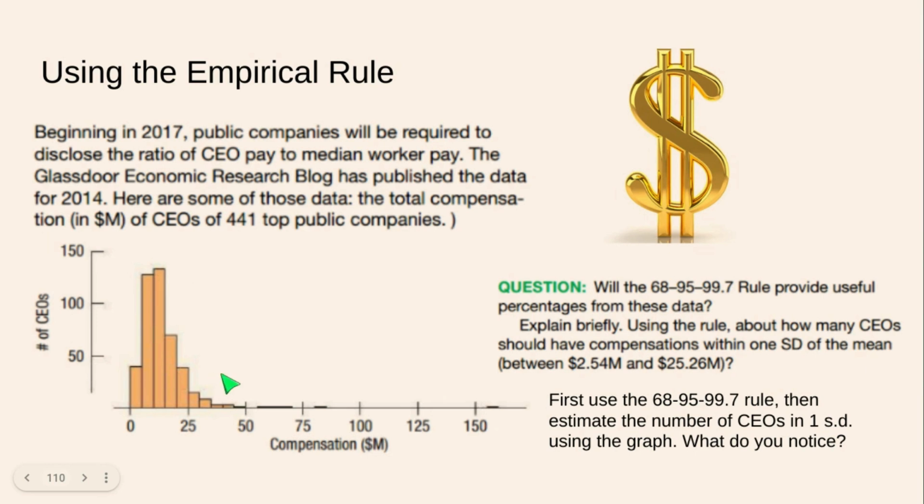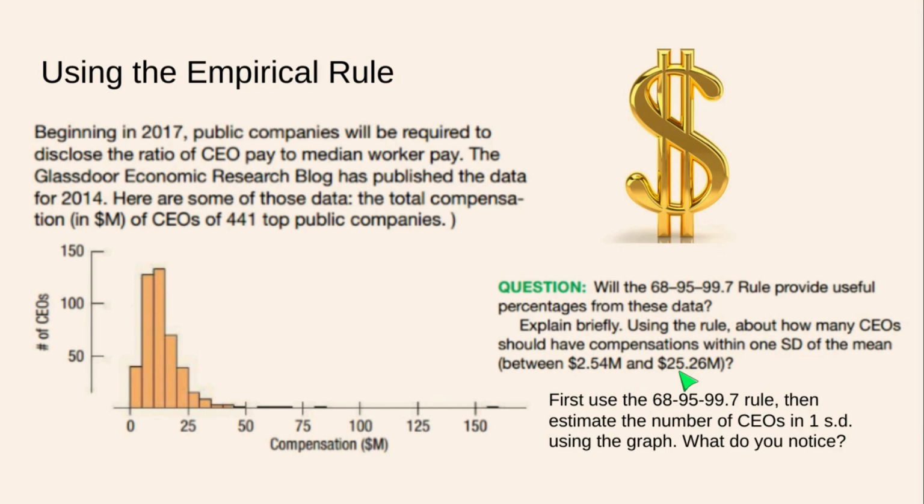So to that point, will the 68, 95, 99.7 rule provide useful percentages from these data? All right, explain briefly. Using the rule, about how many CEOs should have compensations within one standard deviation of the mean, between 2.54 million and 25.26 million? We are just given those values.